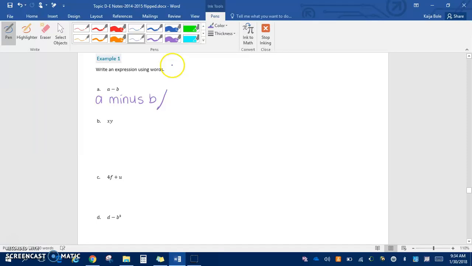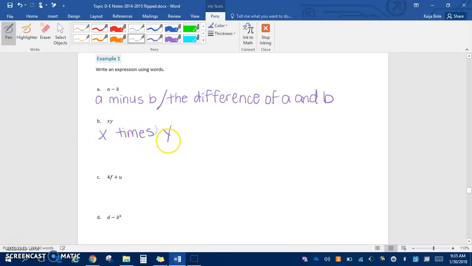Or another way that I want you to have written down is we could say the difference of a and b. So you can see here that there's more than one way to write these. But for b, we have simply just x times y, or you could say the product of x and y.